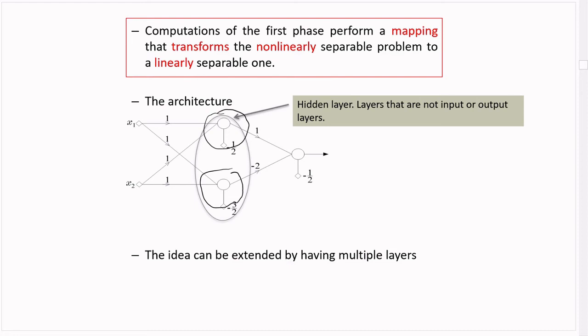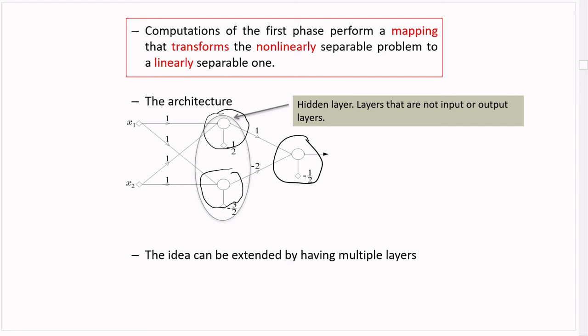So x1 and x2 are two signals coming in, and these signals go to two perceptrons which form what we call a hidden layer. And these two perceptrons respectively produce their outputs. And those outputs, if we combine them through another perceptron, which is out here, then you can see that we can easily separate points from class A and points from class B with this architecture or with this arrangement.